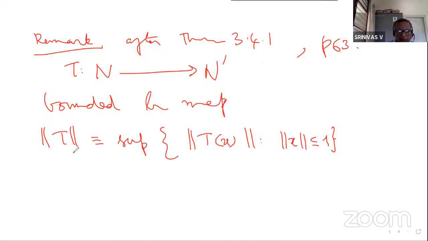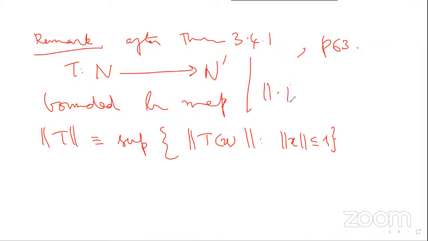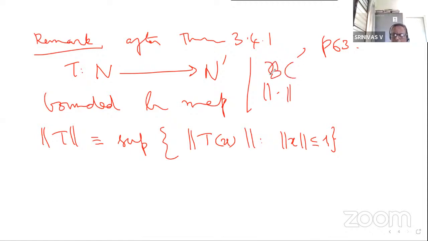We'll bring in a new function called the norm function, norm on T. Where is T coming from? In fact, later on we'll define the space B(N, N dash). This is the space of bounded linear transformations from N into N dash. We collect all bounded maps from N to N dash.